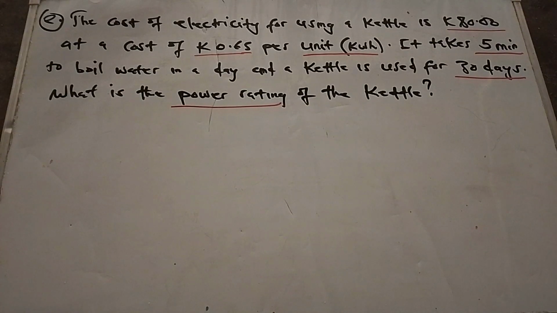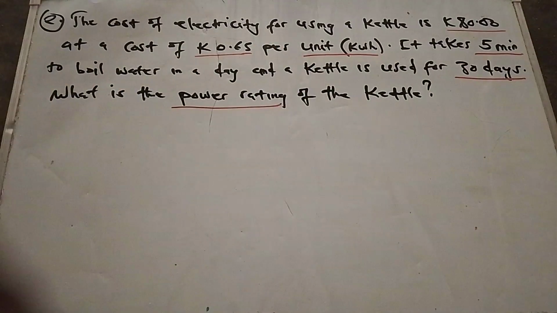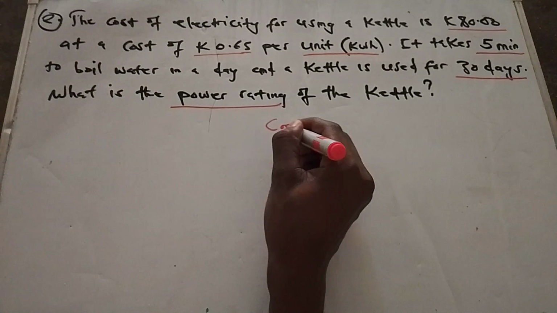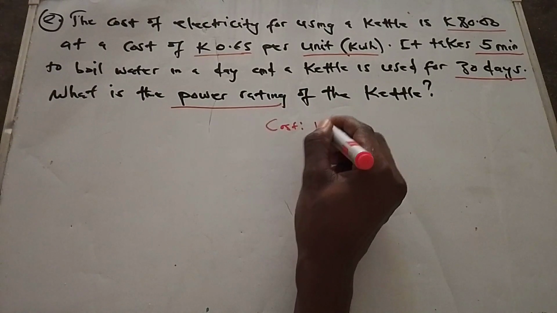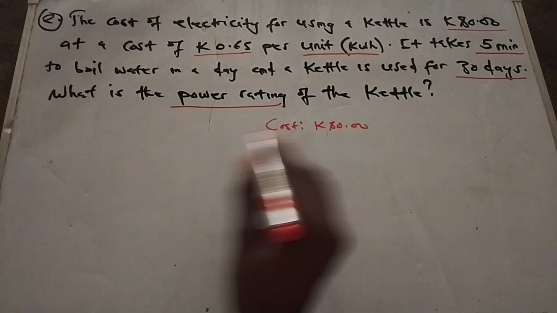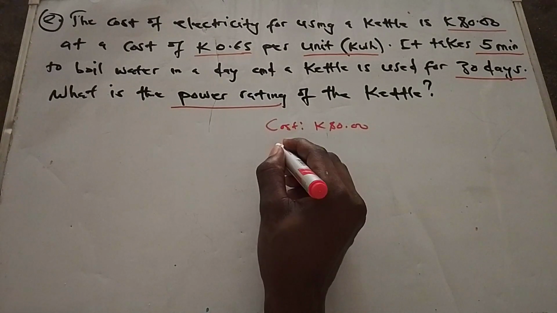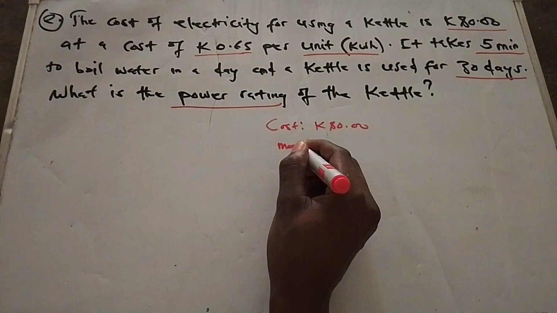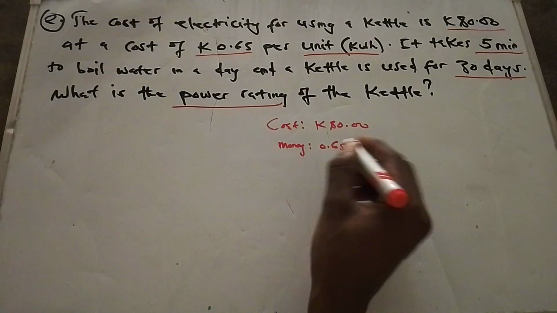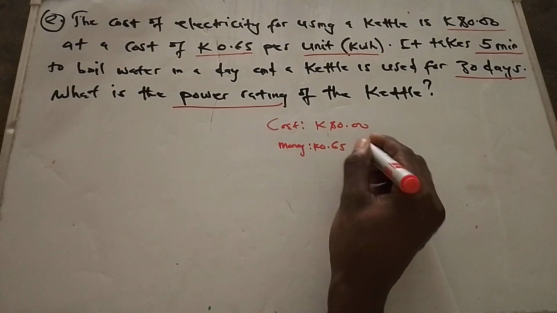So let's extract the information we have. In this question, our cost has been given already as 80 kwacha. Then money, we have 0.65, that is per unit.